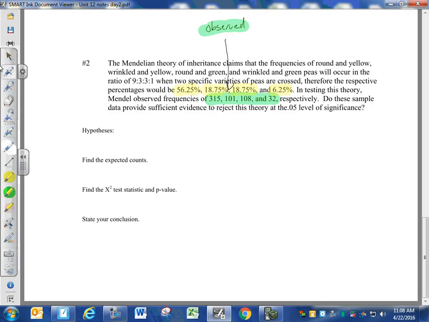You got your total times your percentages. What is the total amount of peas? 556, okay? Go ahead and find the expected amount of round and yellow peas, wrinkled and yellow peas, round and green peas, wrinkled and green peas.